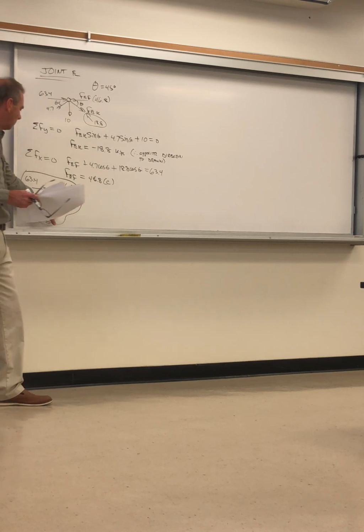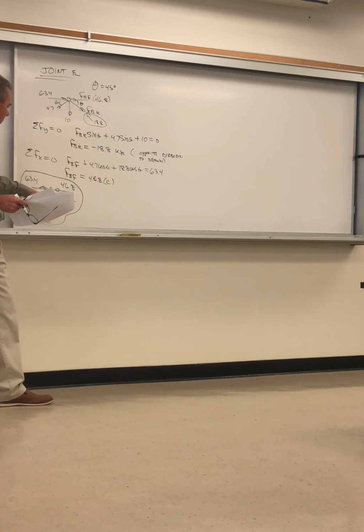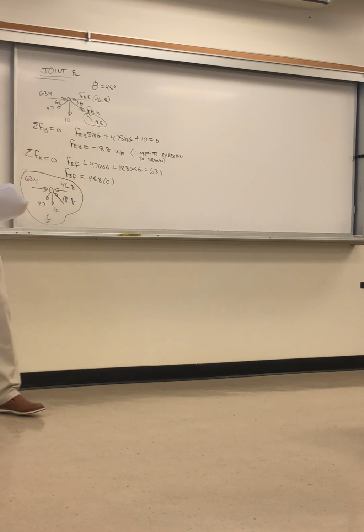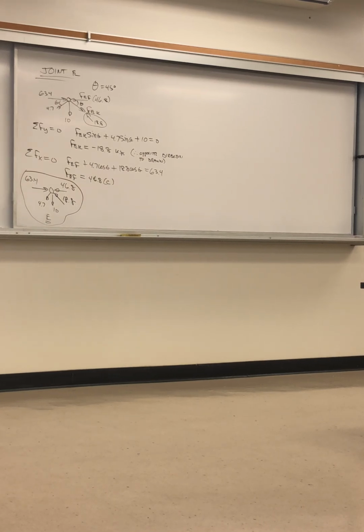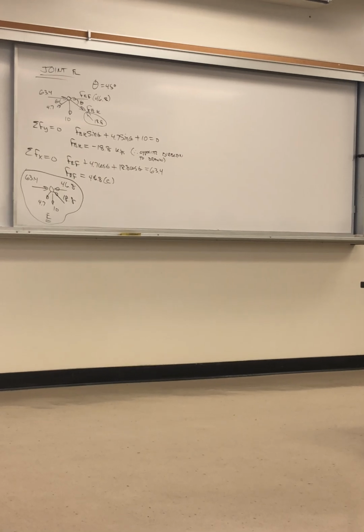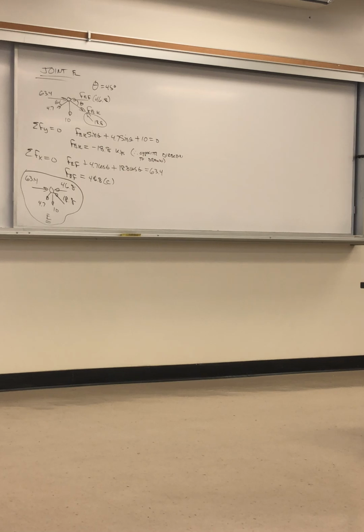And then I have 10 down and about 3, the vertical component of this down, so that balances vertically. So it looks reasonable. We'll transfer that. 46.8 compression force here. And 18.8.